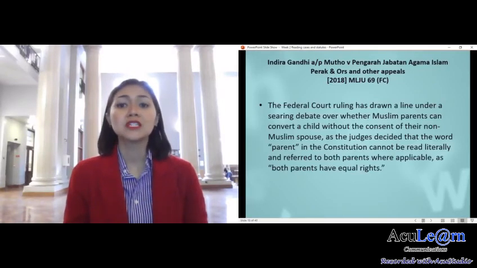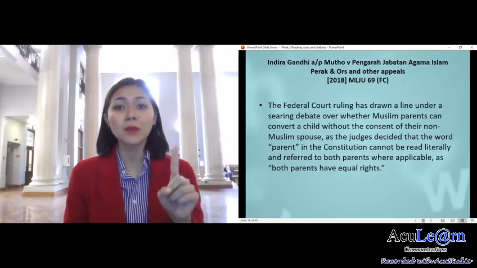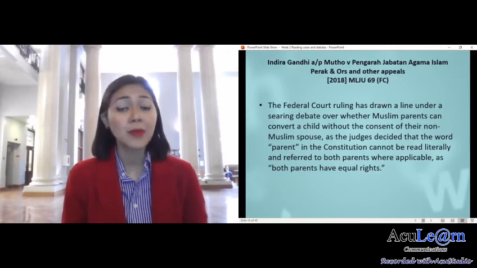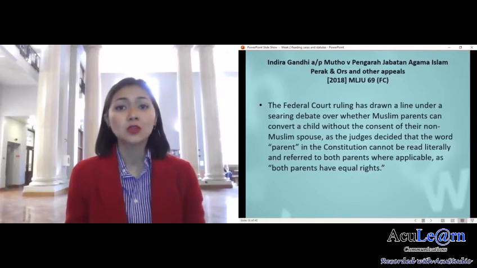In this case, the court had to decide on the term parent. When you look at the constitution, it cannot be read literally. Parent doesn't mean one parent, but has to include both parents, as both parents have equal rights to the future of their children.